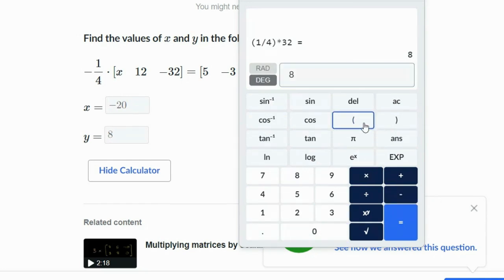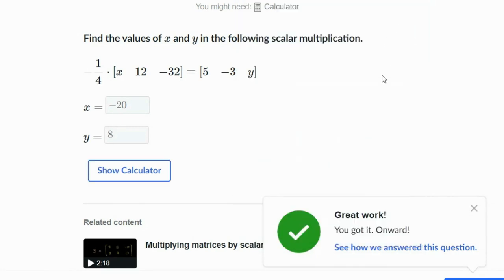Parentheses, negative 1 divided by 4, times negative 32. We're going to put the negatives right in there and get the positive 8. So if you need the calculator for the fractions, use it. Just make sure you put the fraction in parentheses.